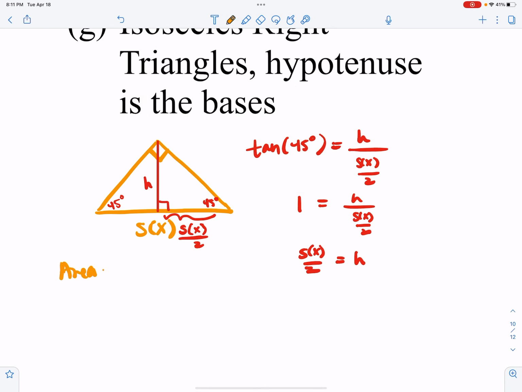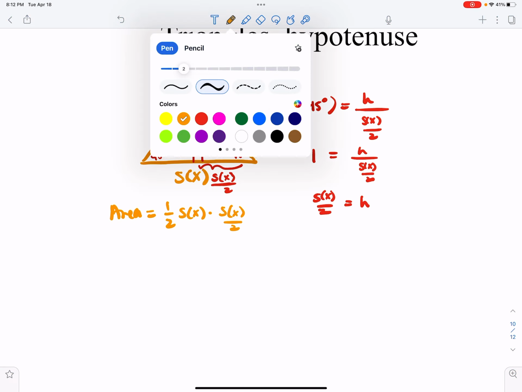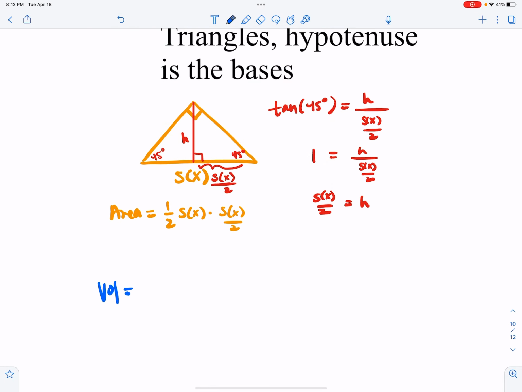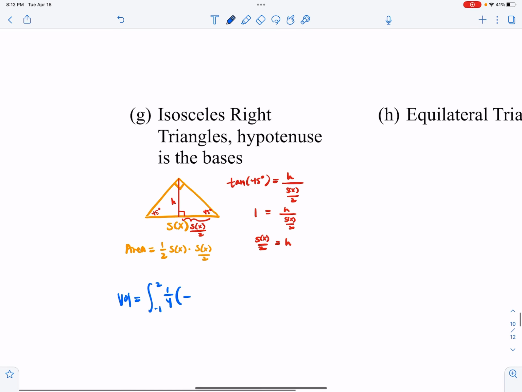And the area would be 1/2 base, which is s of x, times the height, which would be s of x over 2, or 1/2 times s of x. So the volume will be the integral from -1 to 2 of 1/4 times s of x squared, or negative x squared plus x plus 2 squared, dx.